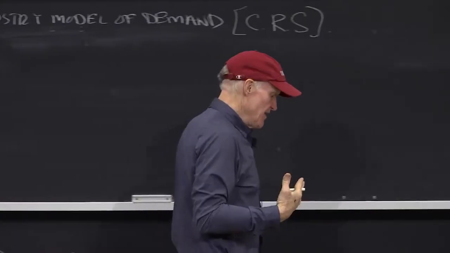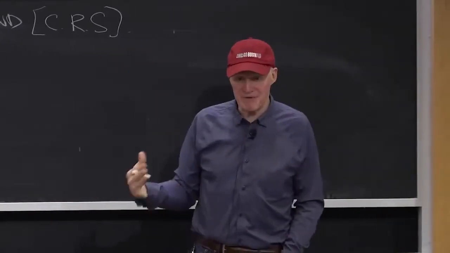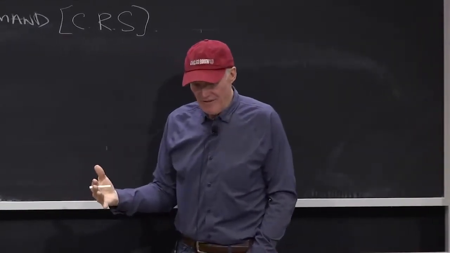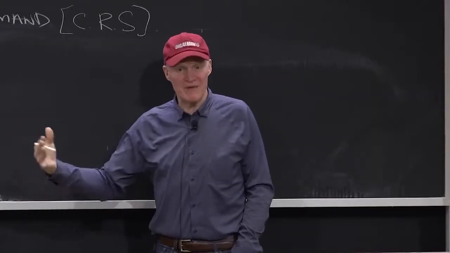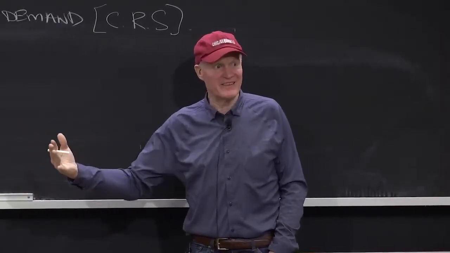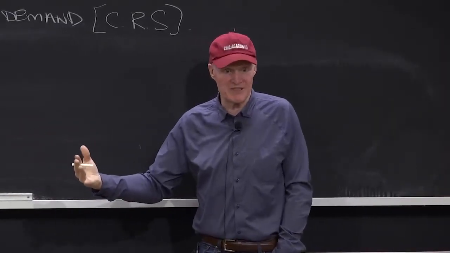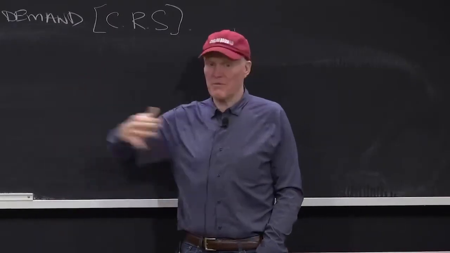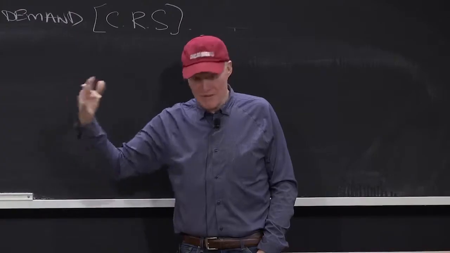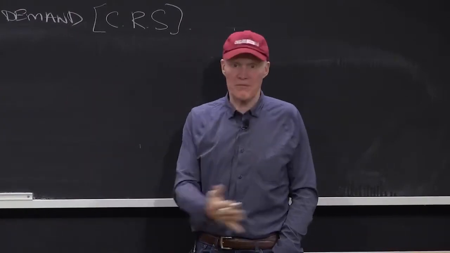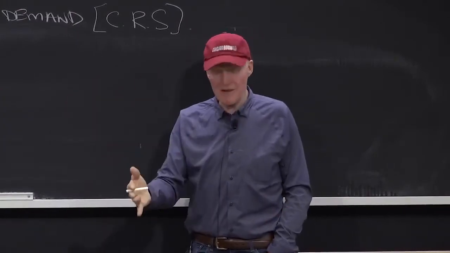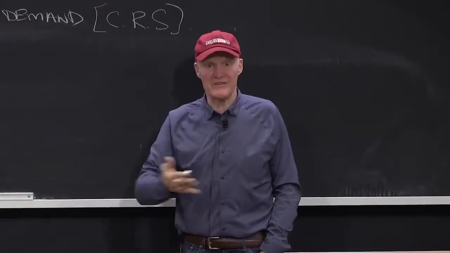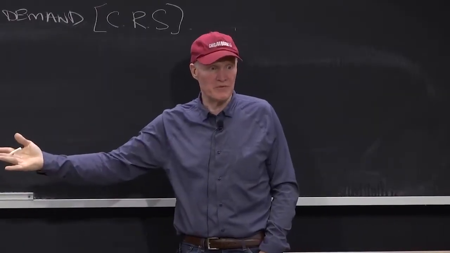One is, if you're going to assume constant returns to scale, then the firm becomes not a very easily analyzed story, right? Because with constant returns to scale, if the price is above cost, you want to produce an infinite amount. If the price is below cost, you don't want to produce at all. And if the price is equal to cost, you're invariant, it's indeterminate what output you want to produce.